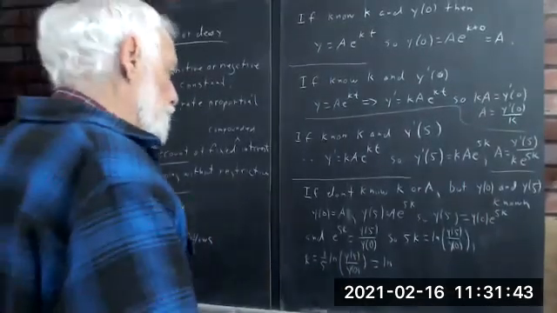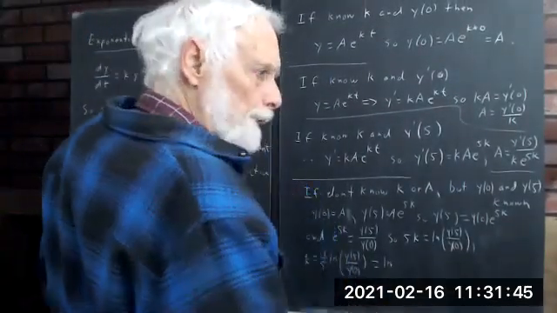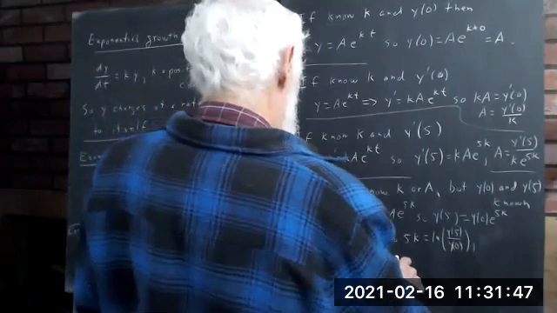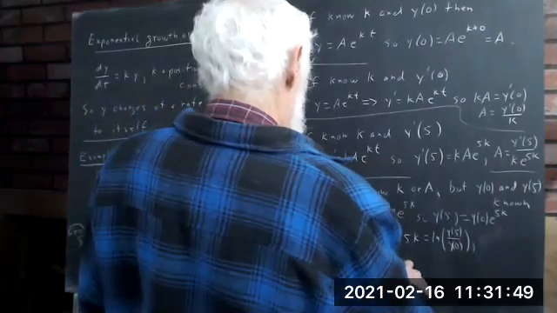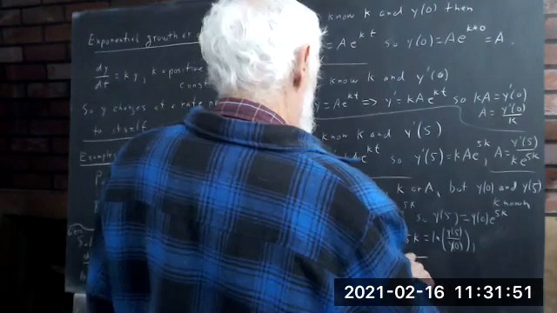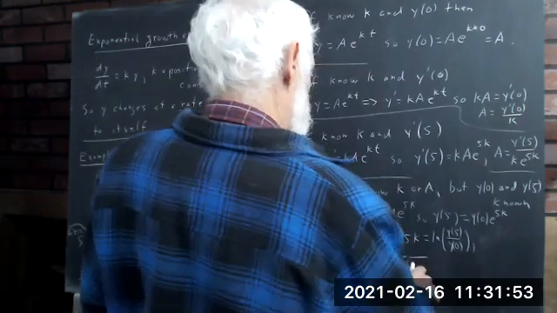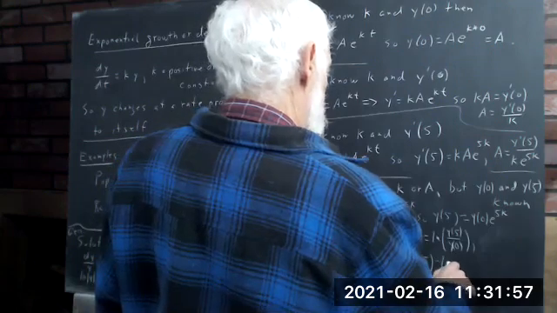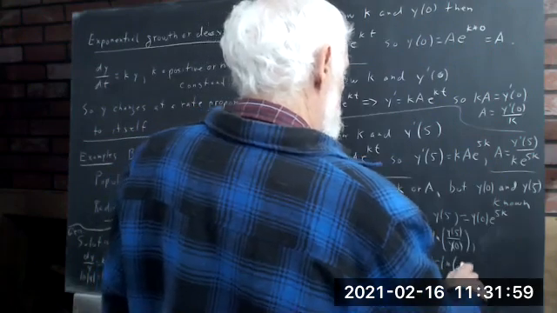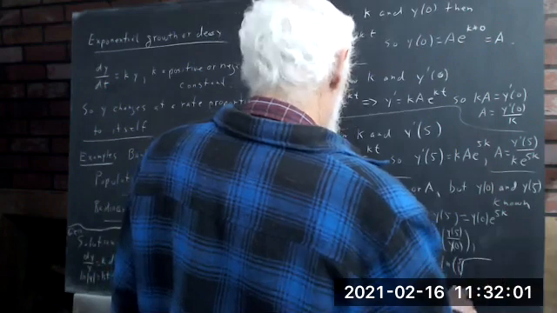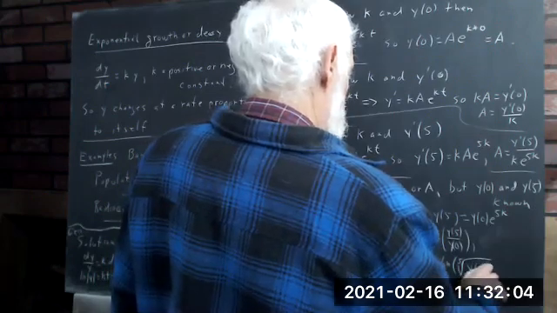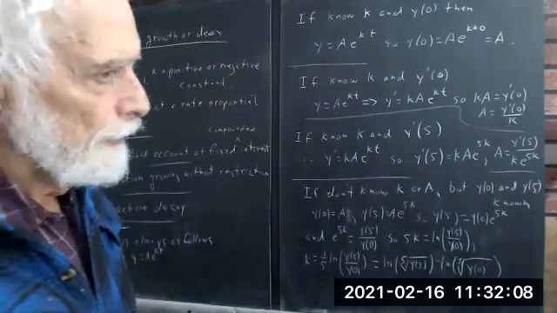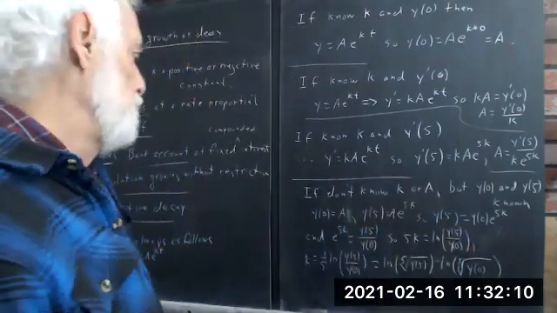One way of rewriting this is the natural log of the fifth root of y of 5 minus the natural log of the fifth root of y of 0. Just putting it in one form.